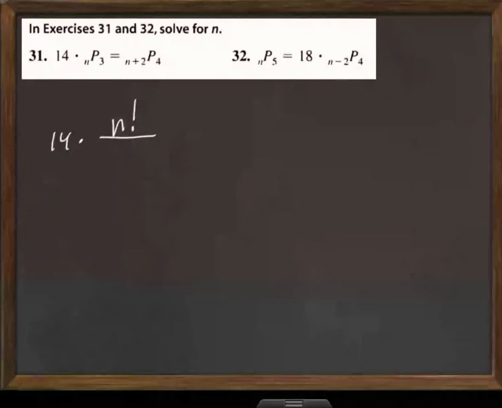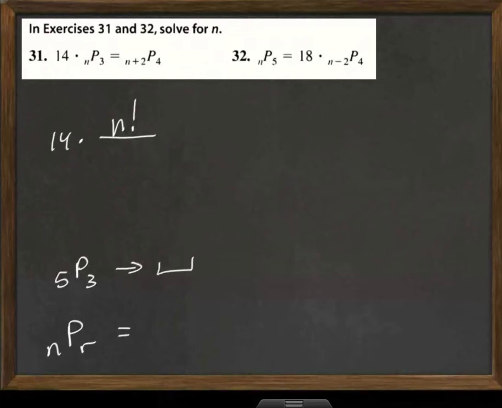So it's nPr. Like if we had 5 runners and 3 spots, like first place, second place, third place, then 5 people can be there, 4 people can be there, and 3 people can be there.